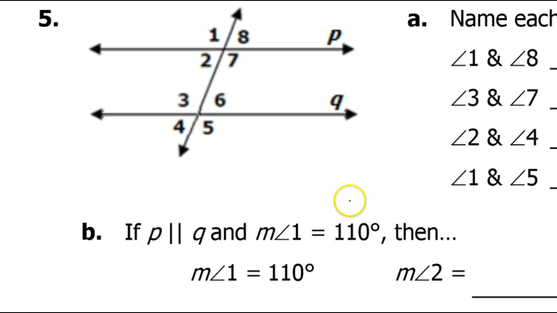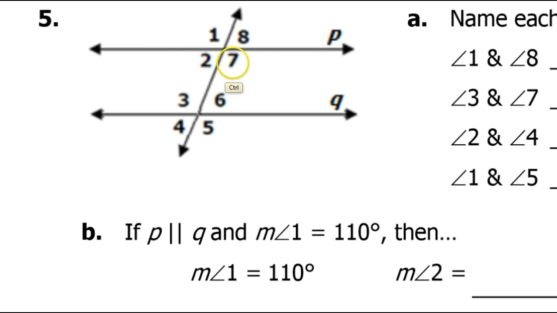Now for part B, we're going to start substituting numbers into this picture, and it will cause a chain reaction. You need to understand that the lines P and Q are not always parallel, but when they are parallel, that will cause a lot of angles to be congruent and a lot of other angles to be supplementary.